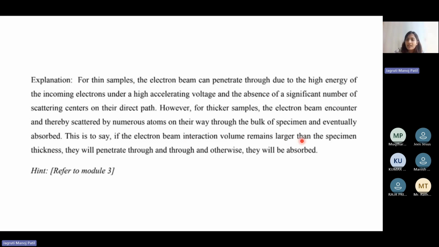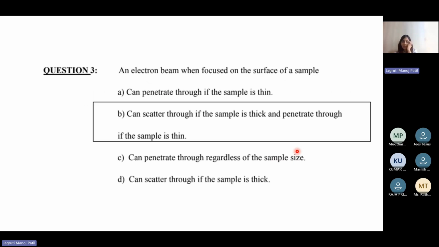But if it's thinner, then it will penetrate it and will come back to you. So hence the volume remains larger than the sample thickness. So it will penetrate through and through, otherwise will get absorbed. So hence for thinner samples, it will penetrate. For thicker samples, it will scatter and eventually get absorbed. Okay.